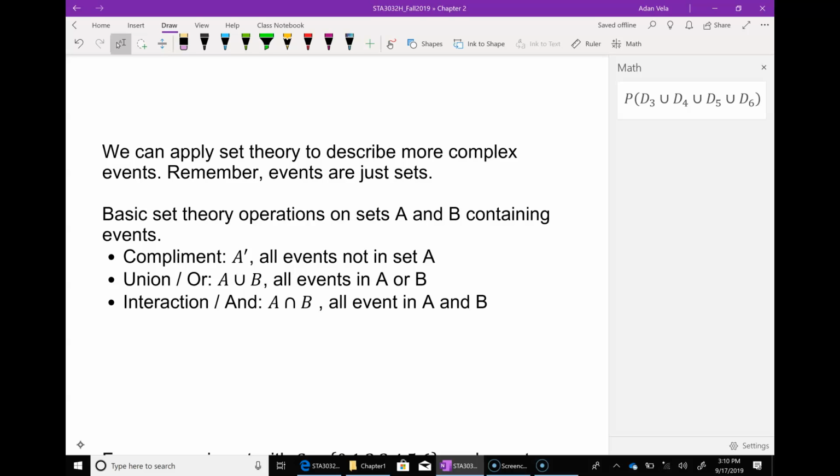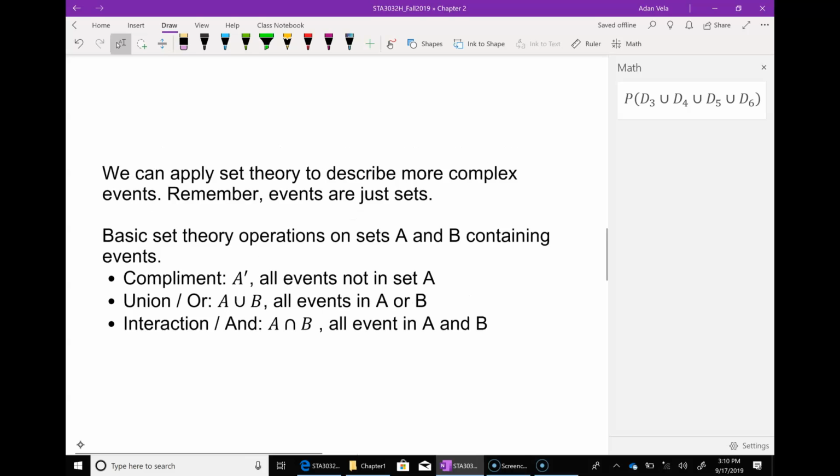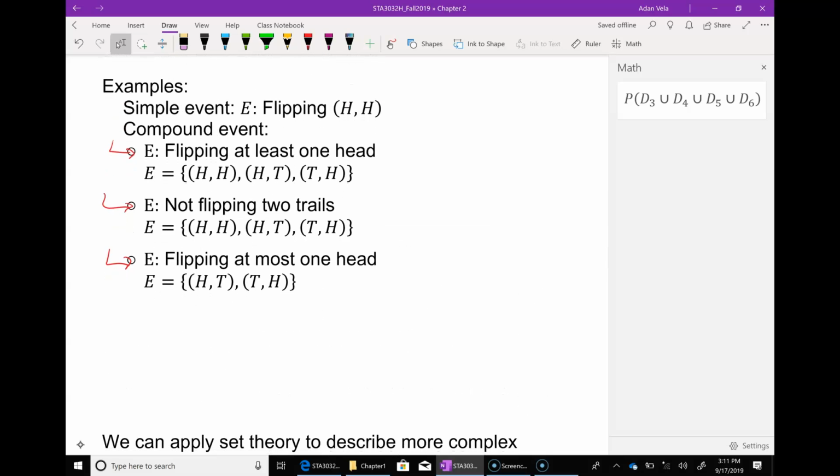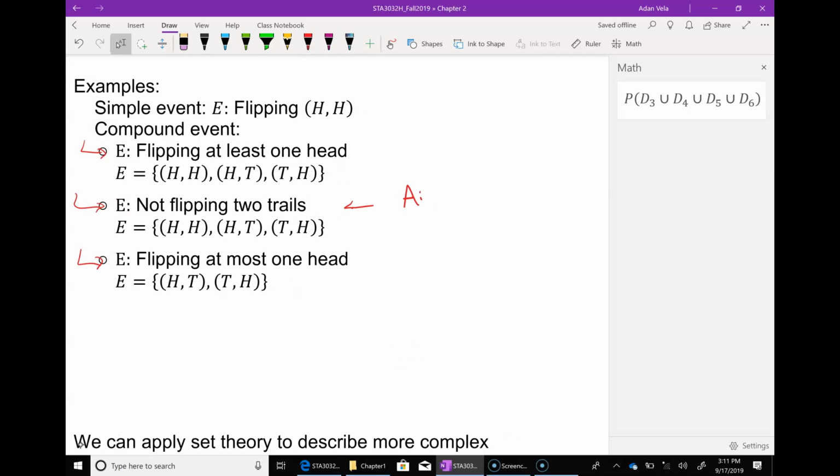For this example, if our set A was defined as flipping two heads, which is in fact given by head, head, then A complement would be everything else that could possibly happen except flipping two heads.